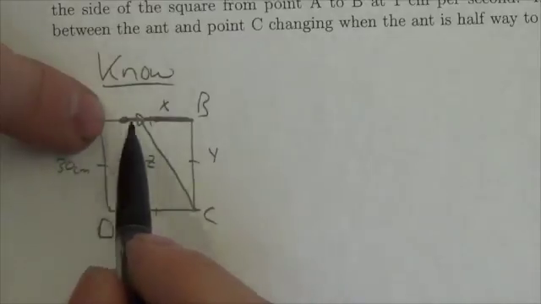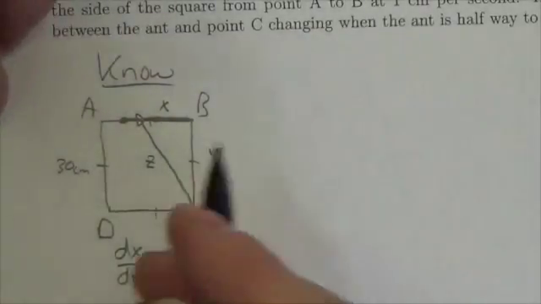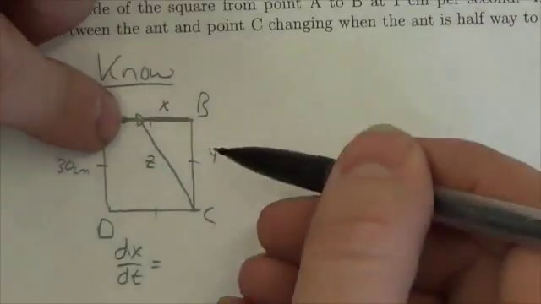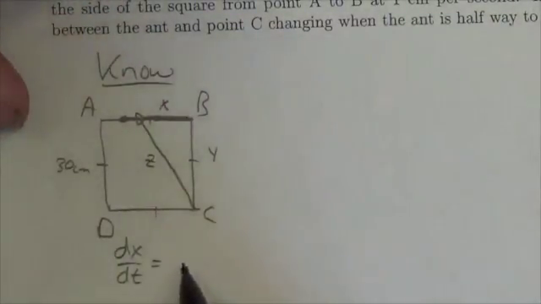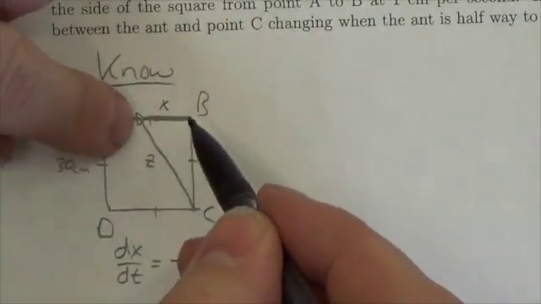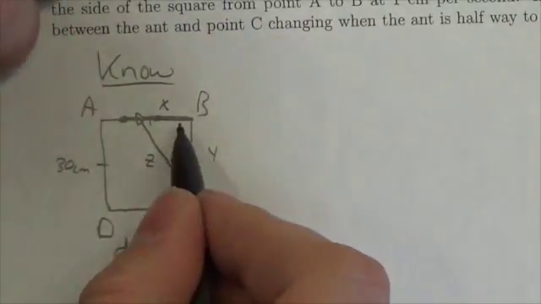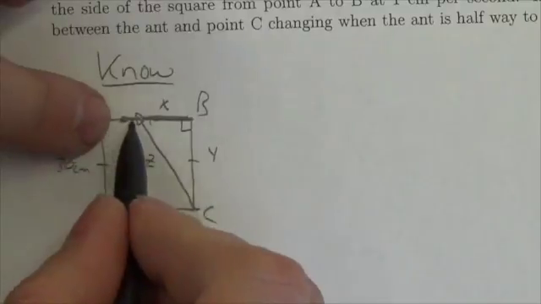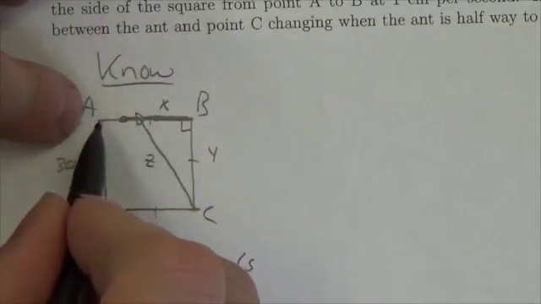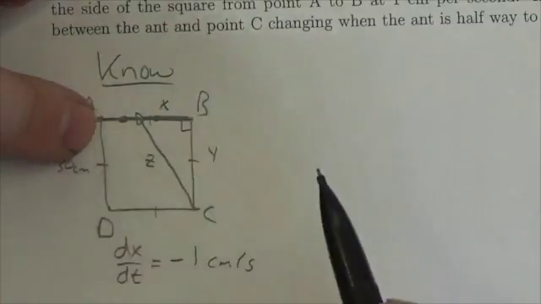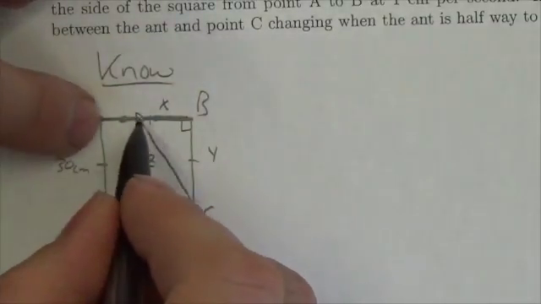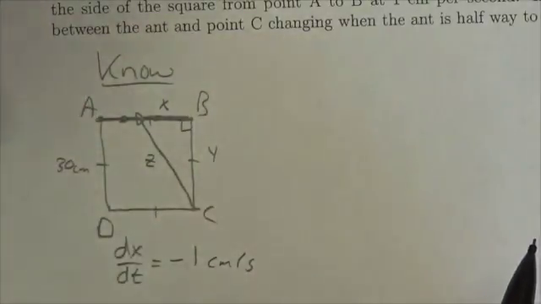That means the distance that the ant is moving forward is increasing by 1 centimeter per second, but he's getting closer and closer to B, which means this is actually decreasing by 1 centimeter per second. I hope that makes sense, because it's X that's inside the triangle that I'm looking at. But the distance that the ant travels is outside the triangle, from A to this point right here. That is increasing, and as that increases, X decreases.